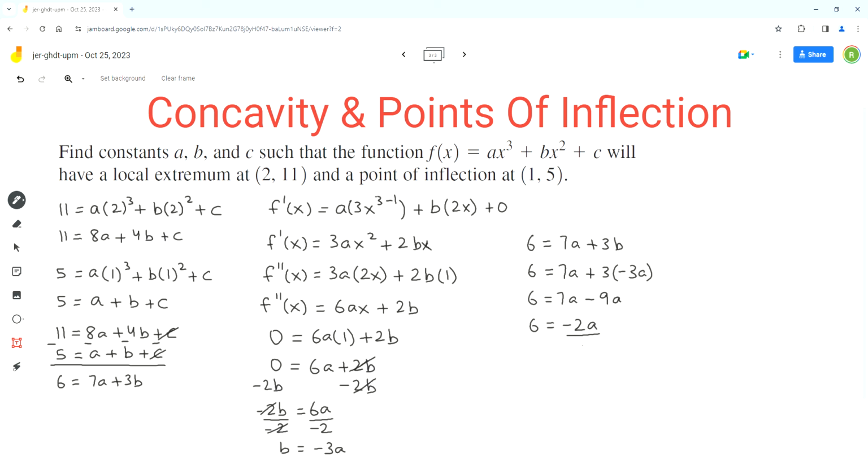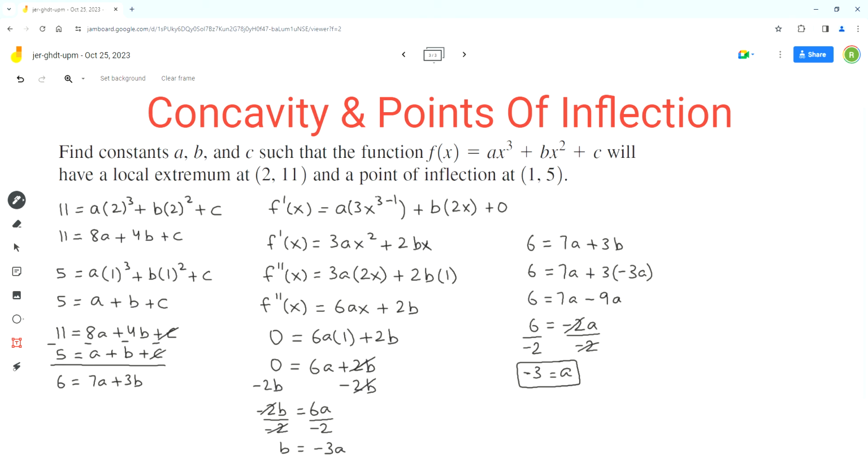Now we can divide both sides by negative 2. So negative 2 on the right side gets cancelled out, and 6 divided by negative 2 is negative 3. So a is equal to negative 3. So this is the final answer for the value of a.